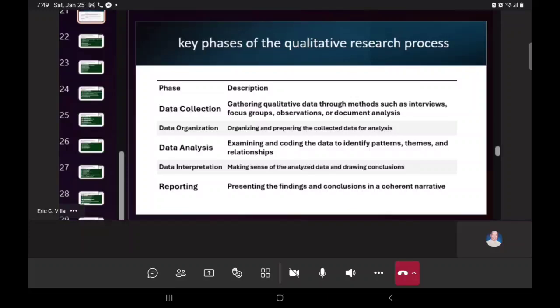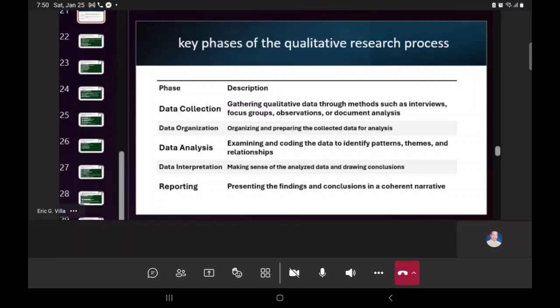Many researchers use a process called coding, where they assign labels or codes to segments of data that represent important concepts. For instance, in the COVID-19 nursing study, codes might include emotional stress, resource challenges, or coping strategies.